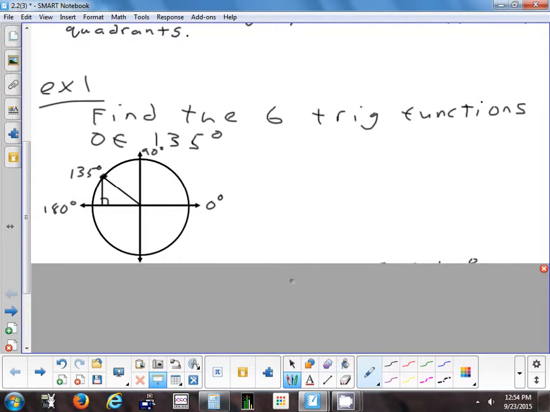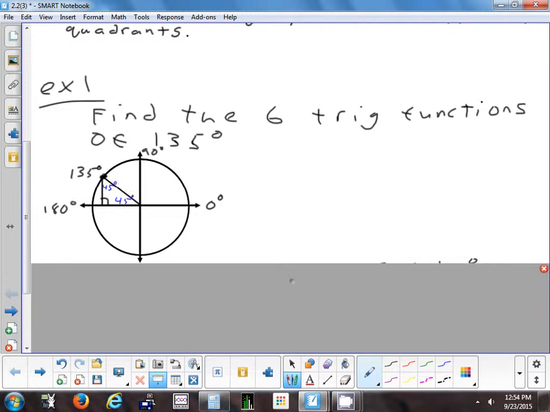How much would this part on the inside be? Also 45, because together the quadrant makes a 90. Once you know 2 out of 3 of your angles in a triangle, you can just add them up and subtract from 180.